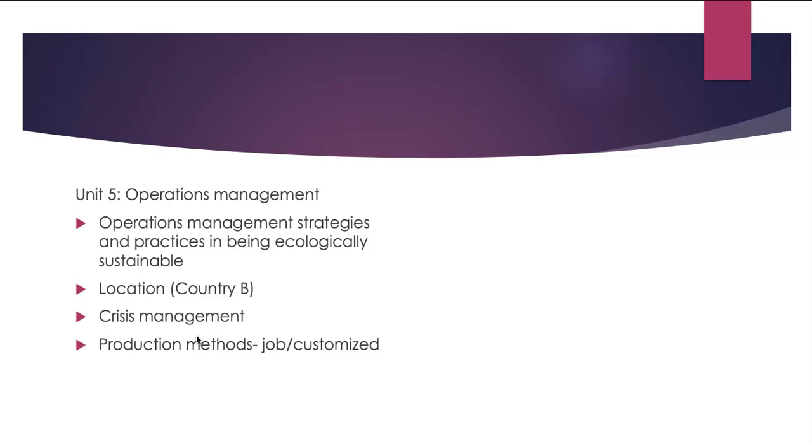Should they consider probably changing the location in country A? Look at crisis management and contingency planning. And I will also say you should look at production methods, because it's customized, it's job production now, because the case mentioned that they now were having smaller classes, face-to-face classes.